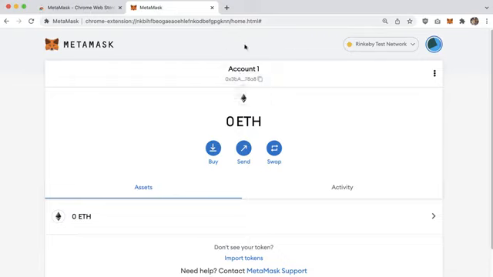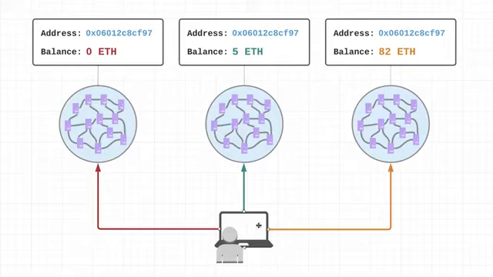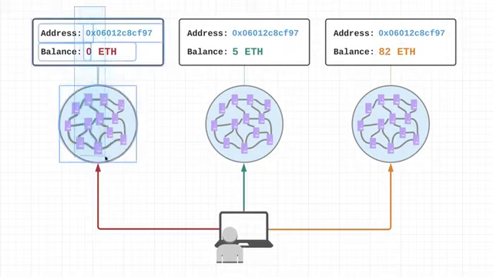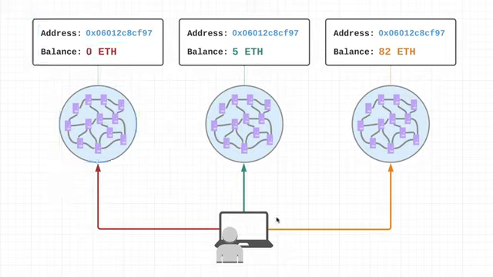So what's going on here? Check this out. Whenever you have an Ethereum account, it's basically just a record on that network. Now, the record can have different assets depending on which network it's on. So for example, let's say that this was the main Ethereum network right here. For my account, even now, I have 0 Ether on the main network.